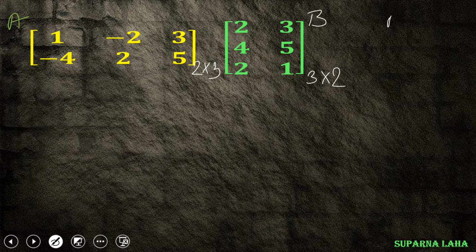Now, AB is defined when the number of columns in A is equal to the number of rows in B. If these two numbers are equal, then we say that AB, that is, the multiplication of the matrices A and B, is defined.